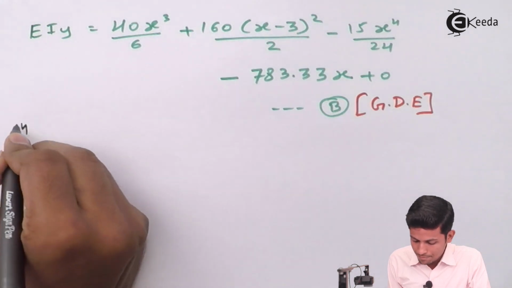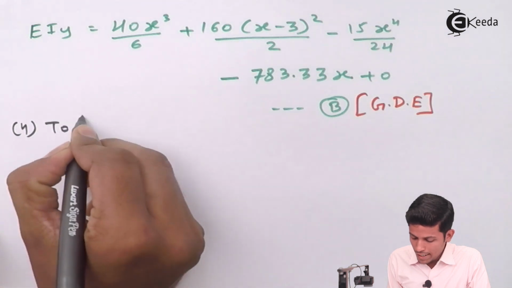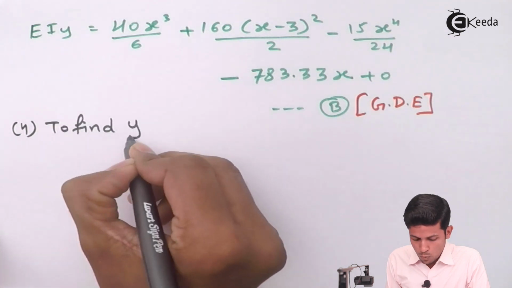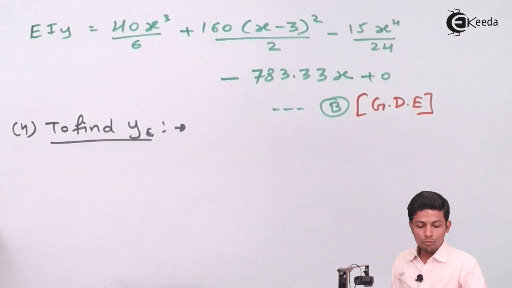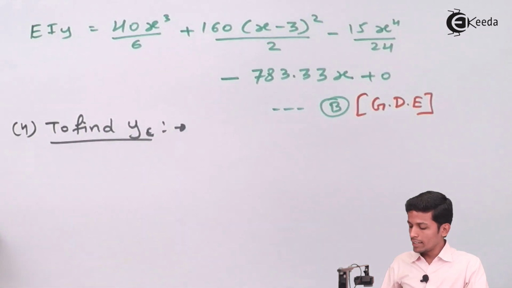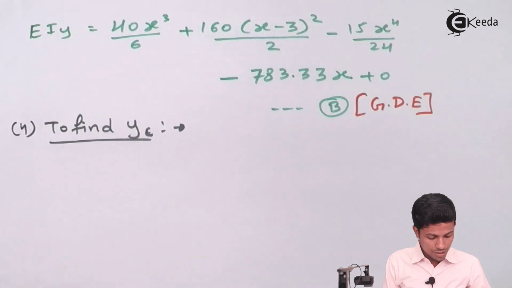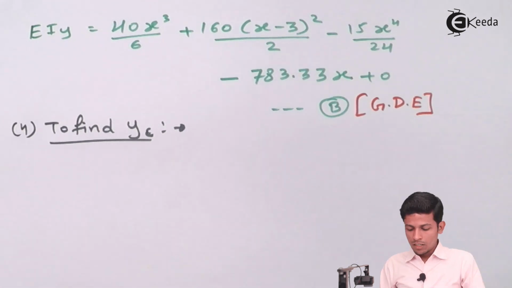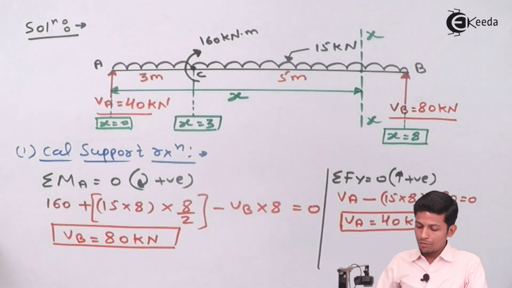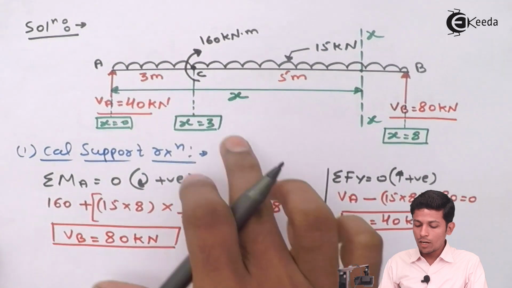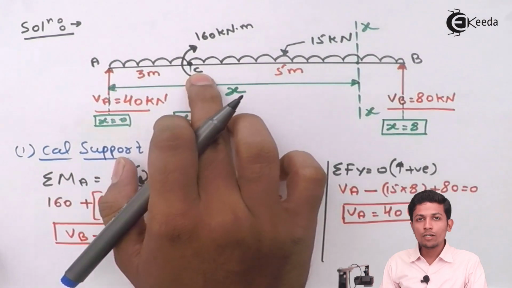Okay, now see what you have to find in the question over here. Fourth step will be to find yc over here. This is asked in the question. So to find yc, see the diagram first. To find the yc, put the value of x in C. In C, what is the value of x?